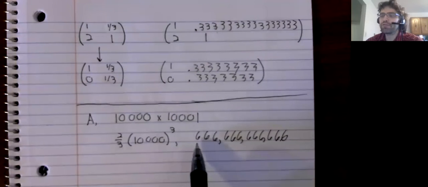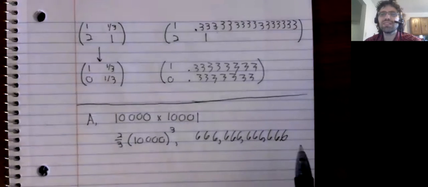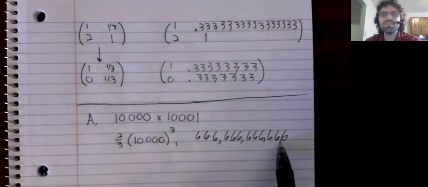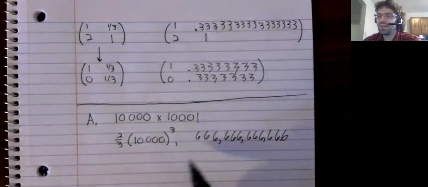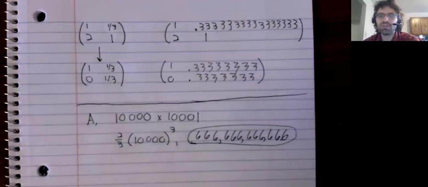But if every one of these 666 billion steps causes a small rounding error, well, if you take this many small rounding errors and add them together, you might wind up with very significant error at the end of the process.